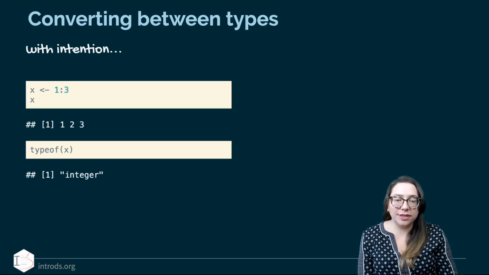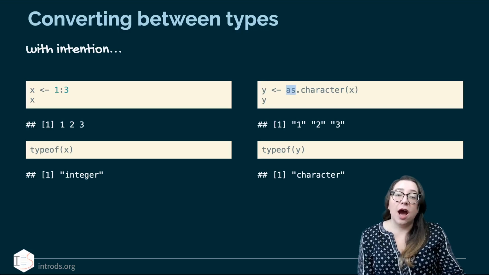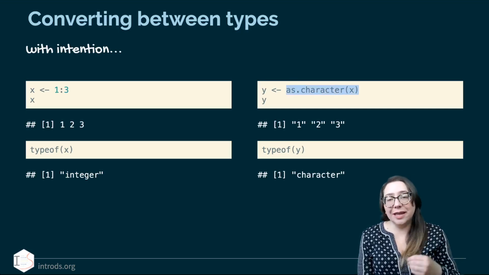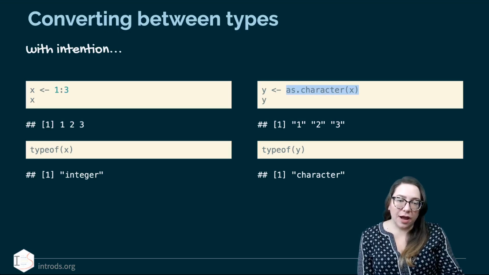And if I want to convert that to character, so I'm intentionally making this conversion, I use a function that starts with the word as. So this says take the x vector and give it back to me as character. So now I've saved that as y. You can see that it looks a little bit different because now each of the entries are in quotation marks and the type of y is given as character.